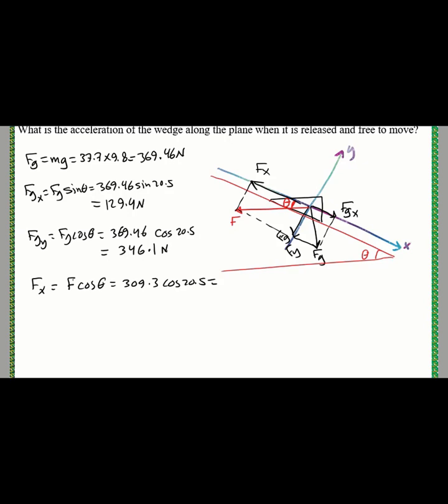So it is 289.7, and Fy equals F sine theta, 309.3 sine 20.5. Answer 18.3.